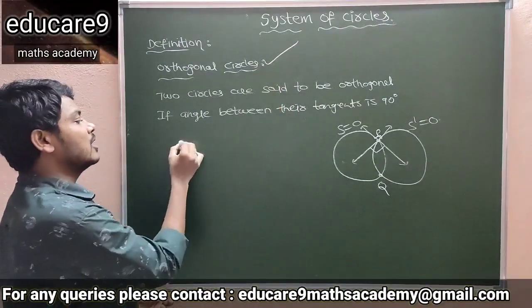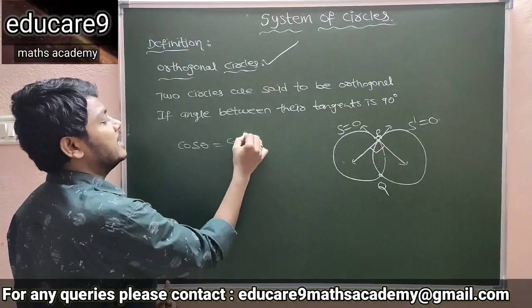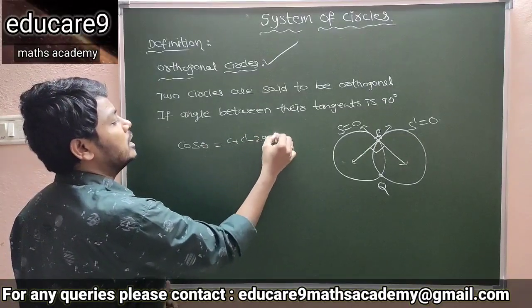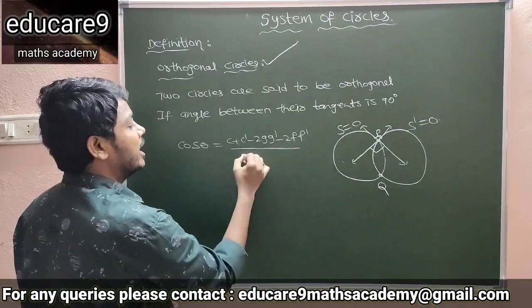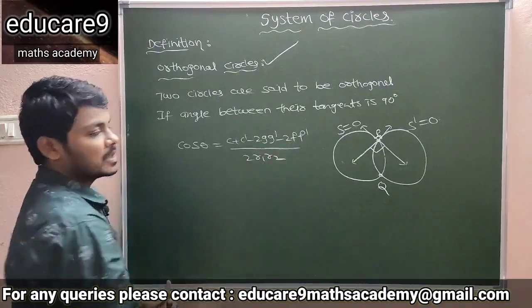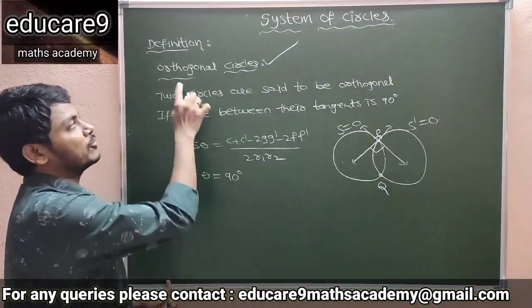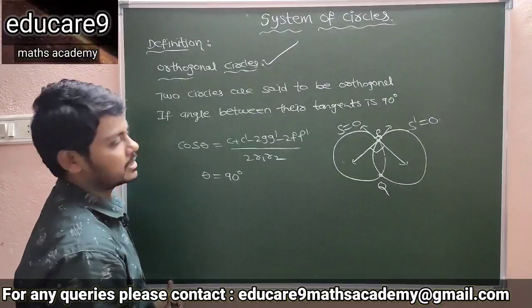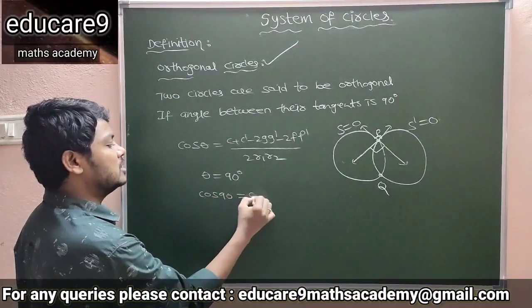So you know that cos theta is (C plus C dash minus 2GG dash minus 2FF dash) divided by 2 R1 R2. But here theta is 90 degrees because the two circles are orthogonal. So cos 90 is 0.